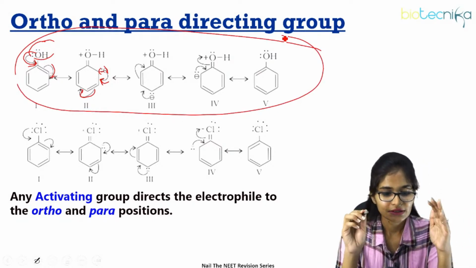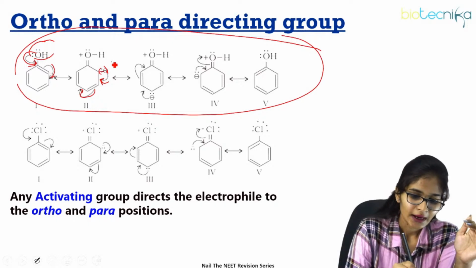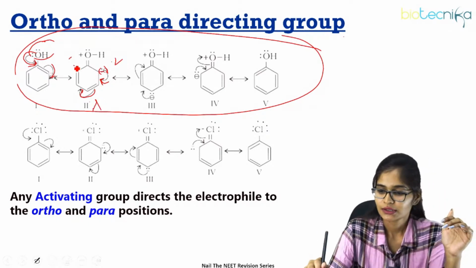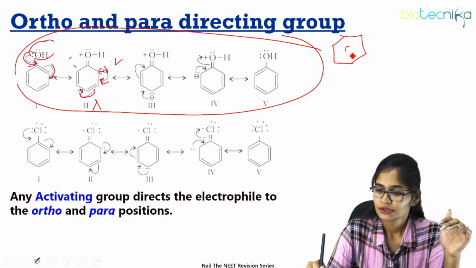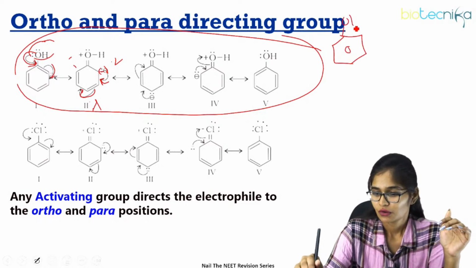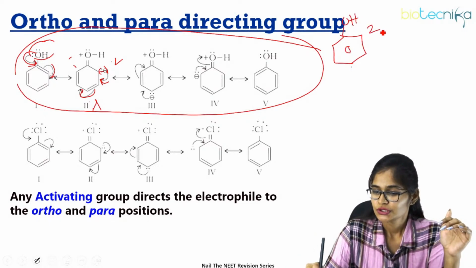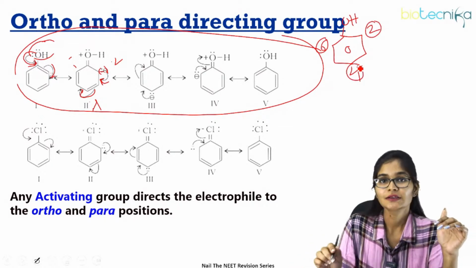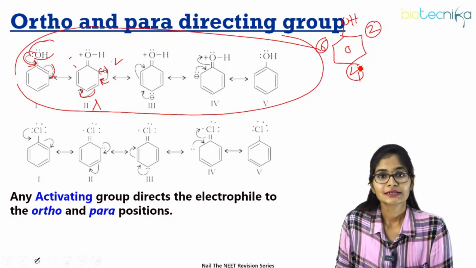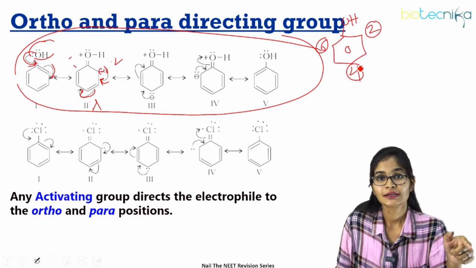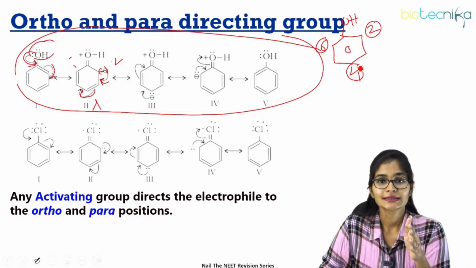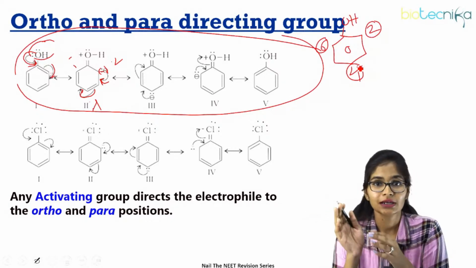The resonating structures, if you observe carefully, show it at second position, fourth position, and sixth position. So on benzene, if you have OH, on the second, fourth, and sixth positions the electron density is more. If electron density is more, then the incoming electrophile can attack easily, and the reaction can proceed faster.